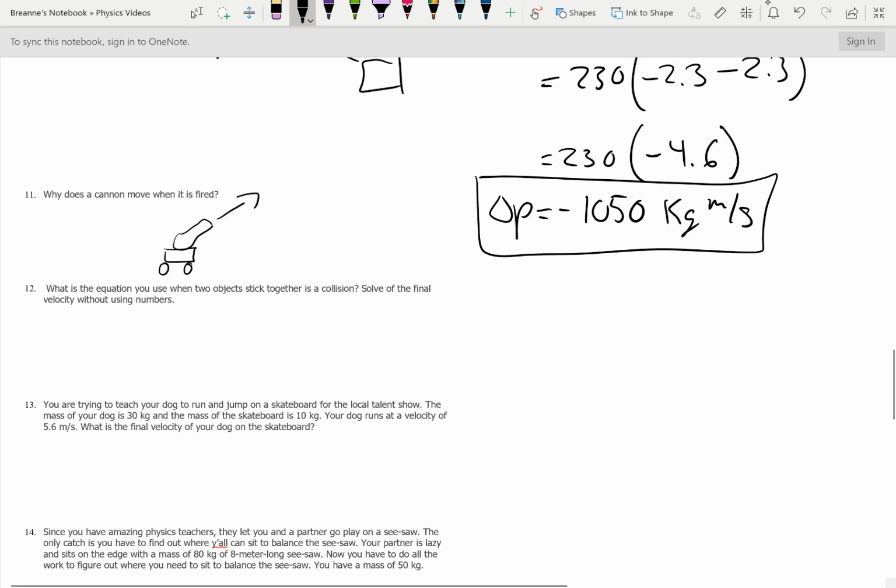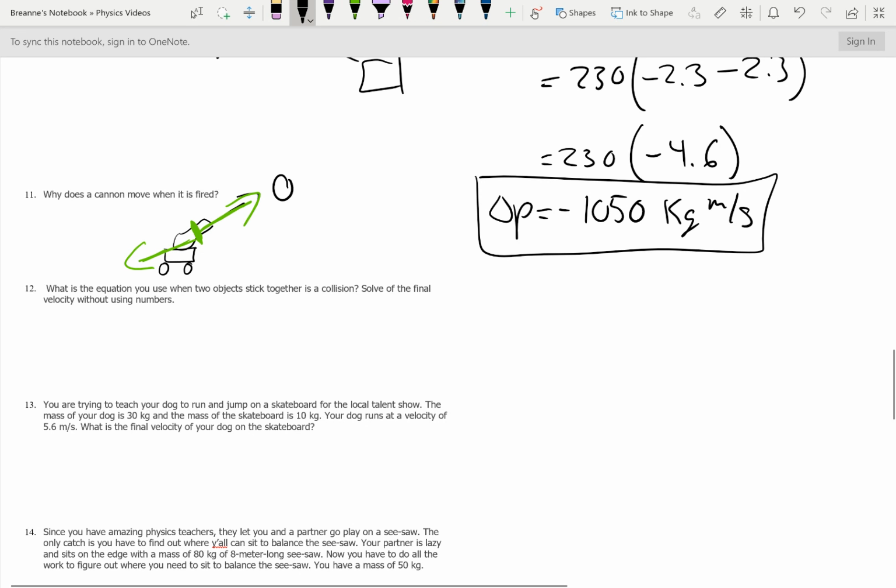When your cannon fires, some of the energy that builds up is forcing it to go in this direction. But for it to balance out, it's got to have some relief going this way. So if your cannonball is going that way, your cannon's got to go the opposite way because momentum is conserved. That momentum's got to go somewhere.